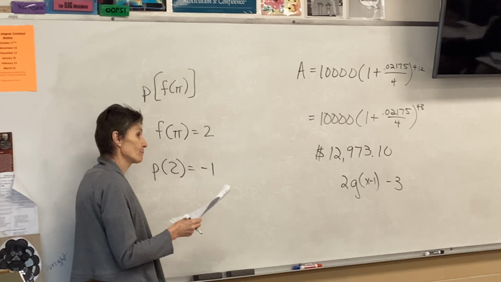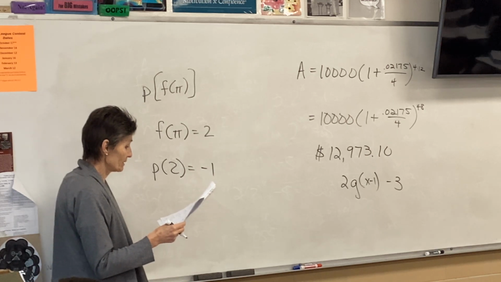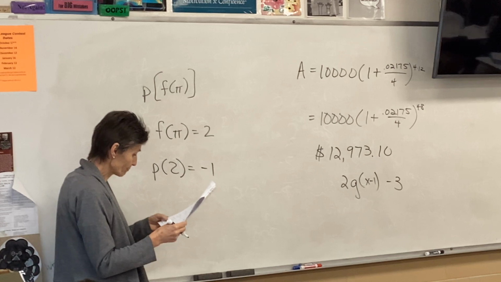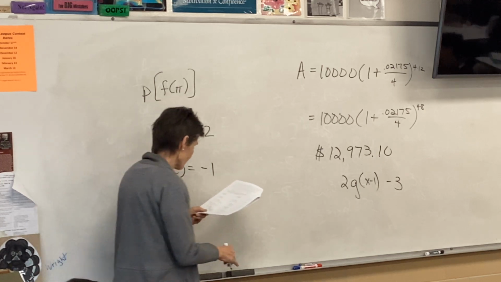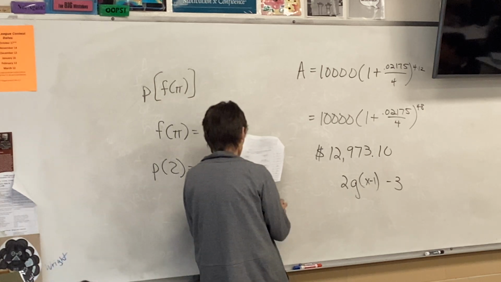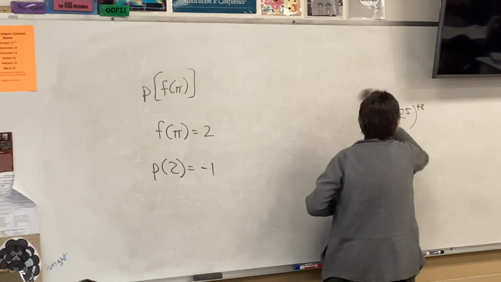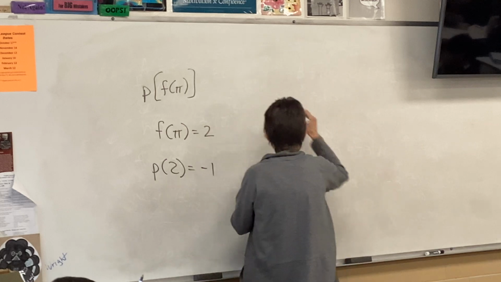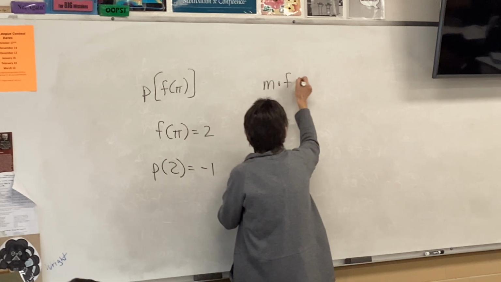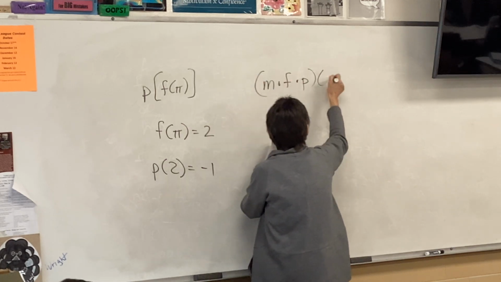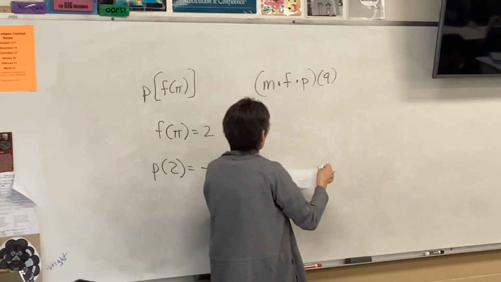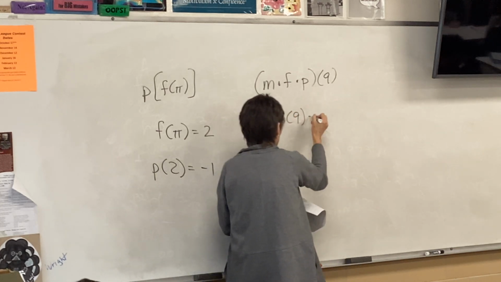Xander? Can you do 2-7 odd, please? 2-7, 3i. Alright, so it says find m of f of p of 9. Okay, so I'm going to start with p of 9.